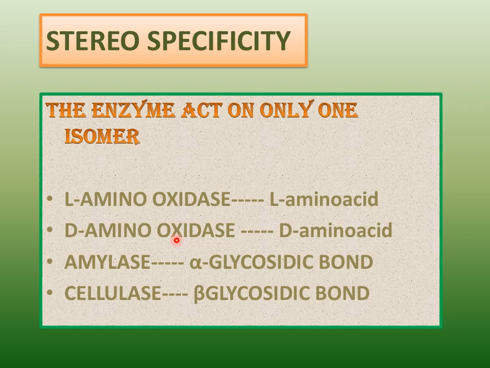In the same way, we see L alcohol dehydrogenase and D alcohol dehydrogenase. Other examples are amylase, which acts on alpha glycosidic bonds, whereas cellulase acts on beta glycosidic bonds. So these are isomeric stereospecificity.